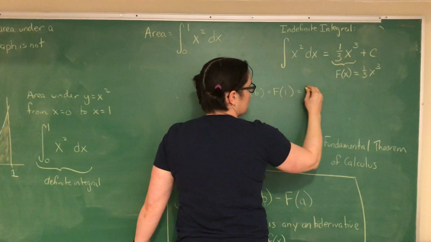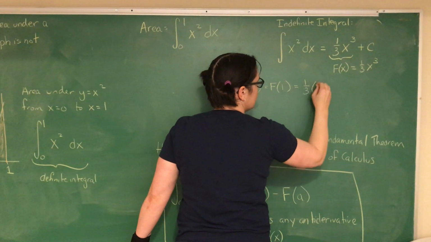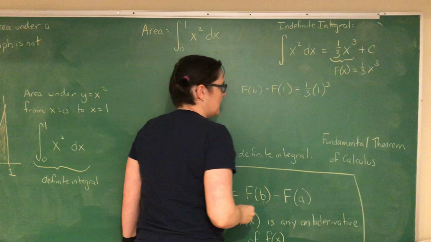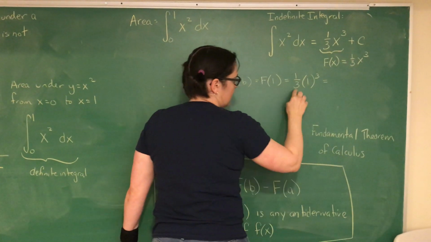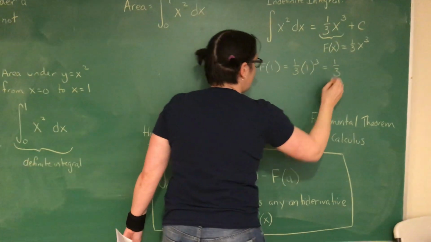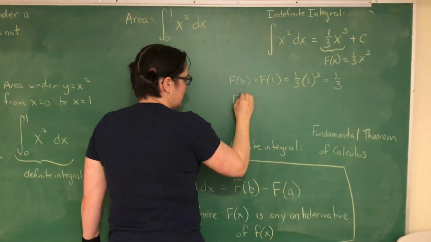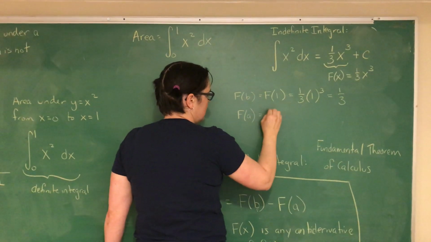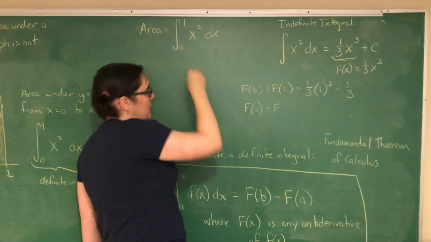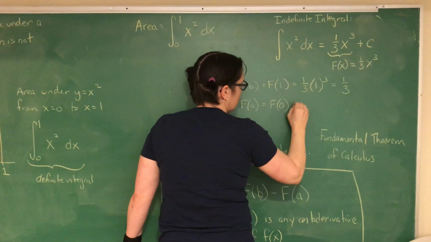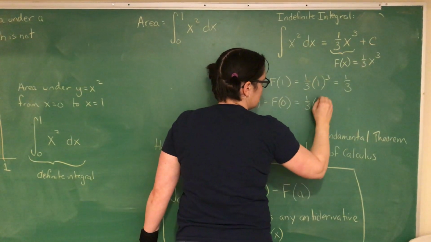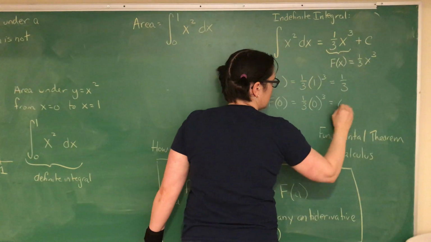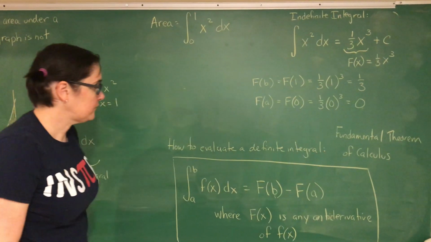Everywhere I see an x, I'm going to replace it with 1, so I have 1/3 times 1 to the third, and if I multiply that out, I get 1/3. And capital F of a is my bottom number, so I have capital F of 0, which is 1/3 times 0 to the third, which is equal to 0.